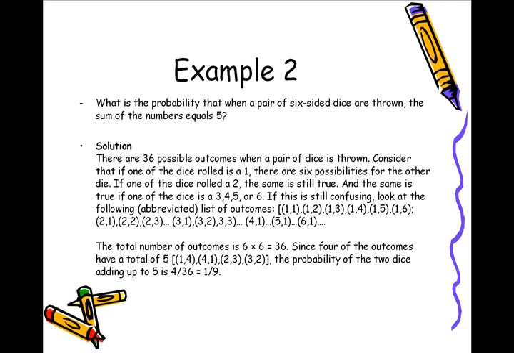As I have said in my solution here, if one of the dice when rolled is 1, then there are 6 possibilities for the other die still, right? Because I haven't rolled it yet, or even when I do, there's still 6 possibilities. And the same is true if I roll a 2, and the same is true if I roll 3, 4, or 5.